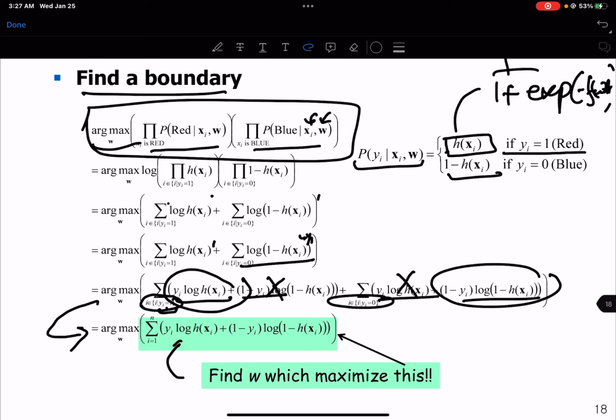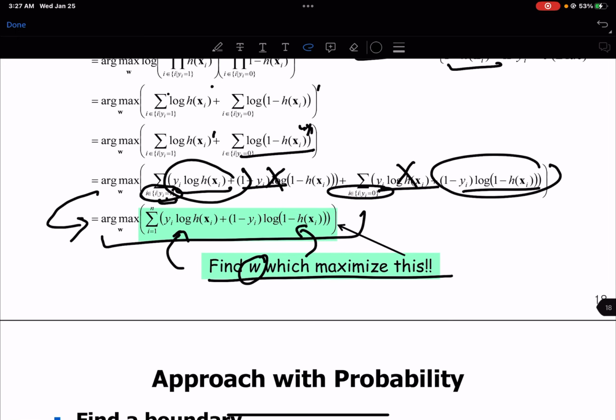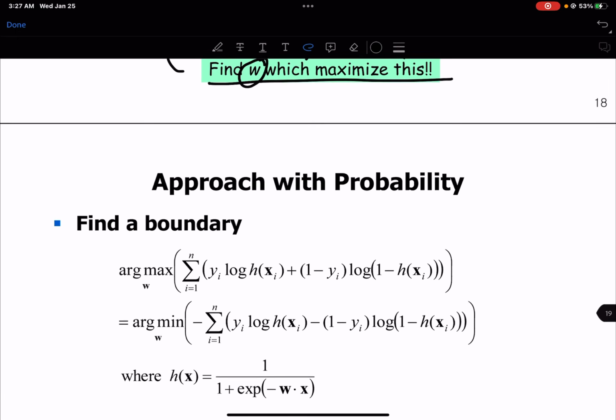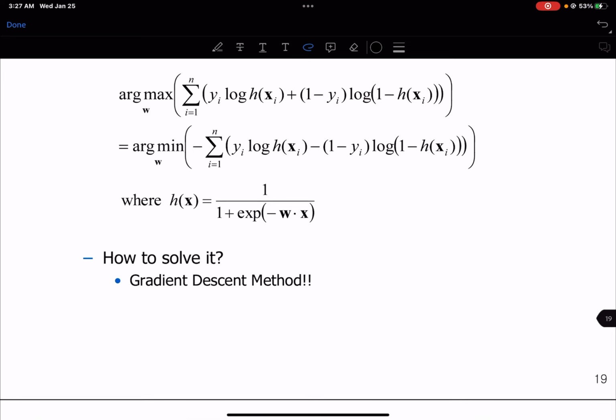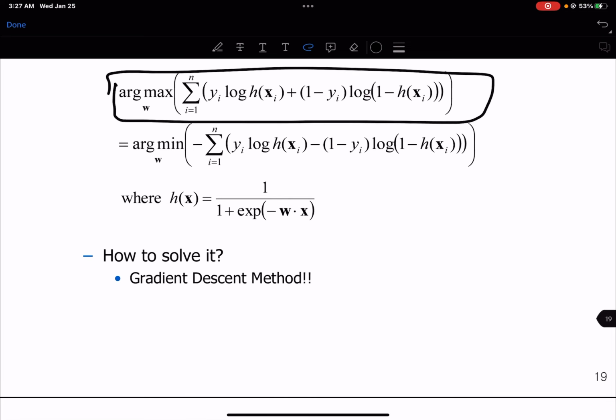So this component is for red and this component is for blue, and we are trying to maximize this function such that your w results in maximizing it. If we write argmax of this function, it can also be written in the form of a minimum.